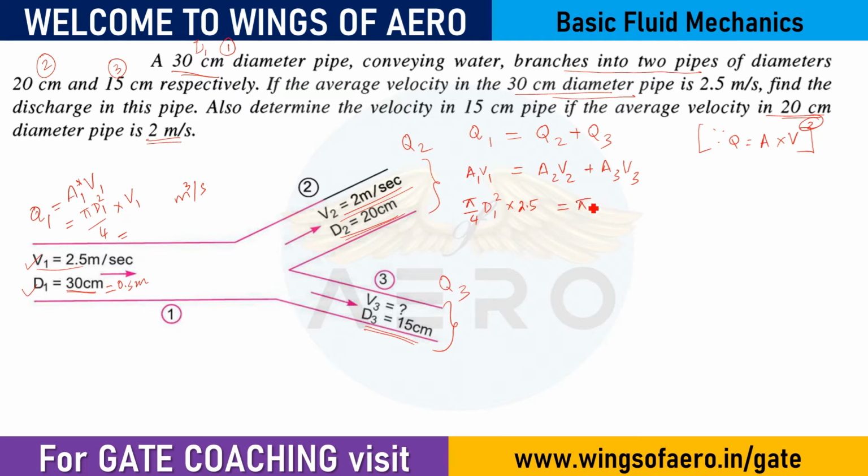Pi by 4 D2 square, that is 20 centimeter, into V2, which is 2 meter per second, plus A3, which is pi by 4 D3 square into V3, which is unknown.